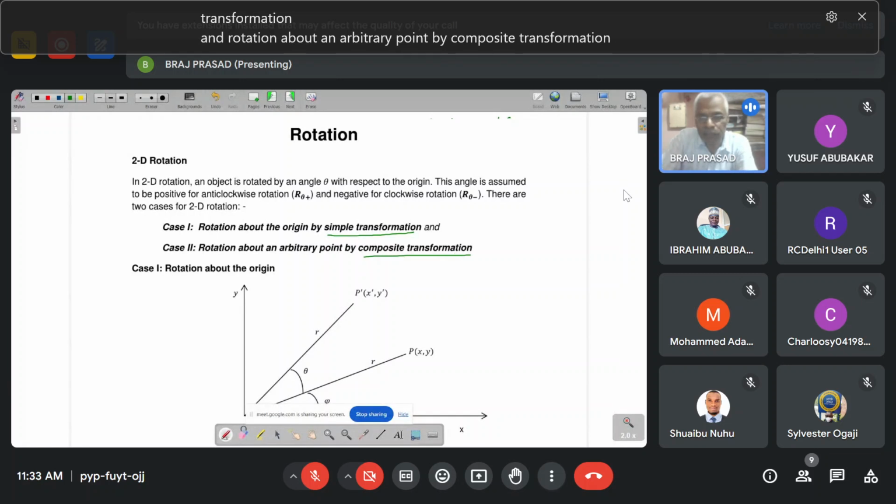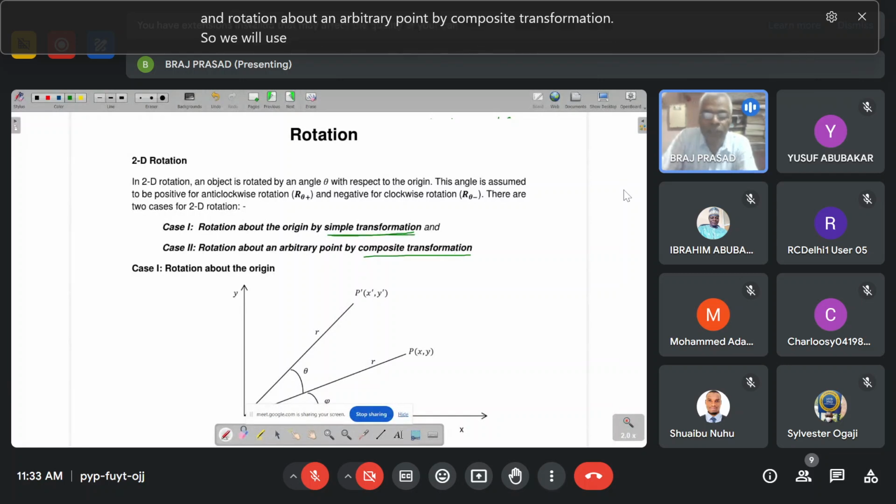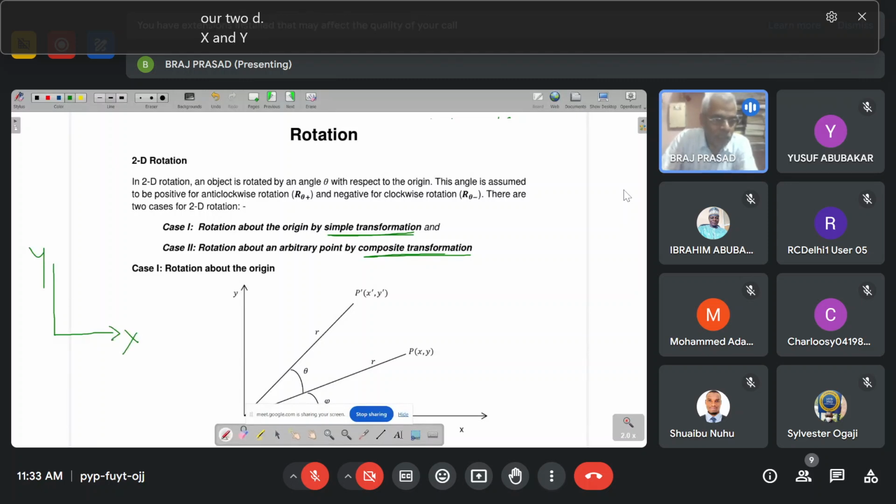So we will use either simple transformation or composite transformation. For example, this is our 2D plane, x and y, and there is an object.